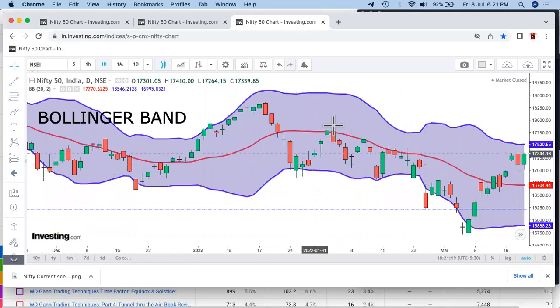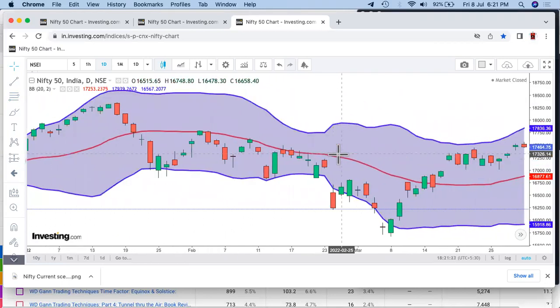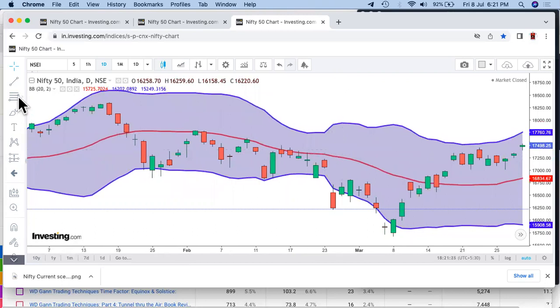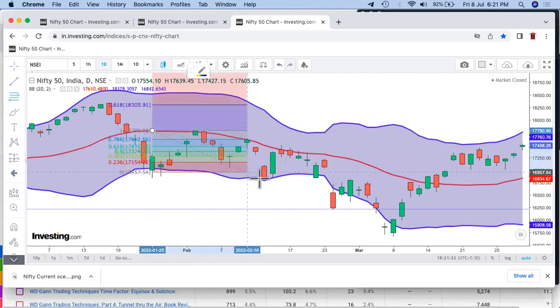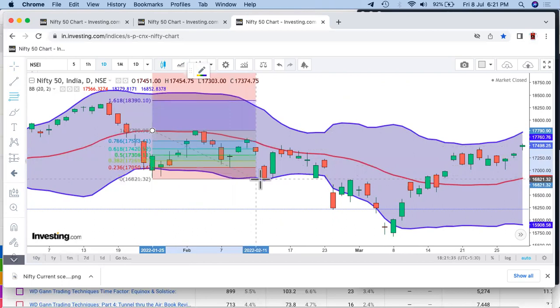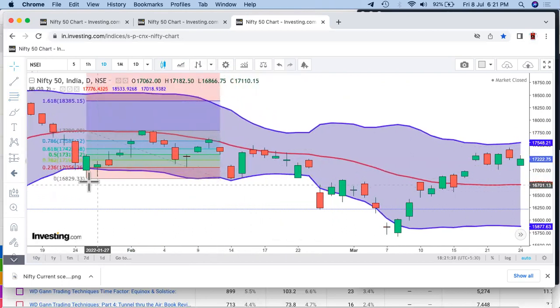Again, if you see, yes, it went up, it came down, but probably if you see at this level, right? There was a bottom, there was a high, and from there it did reverse.